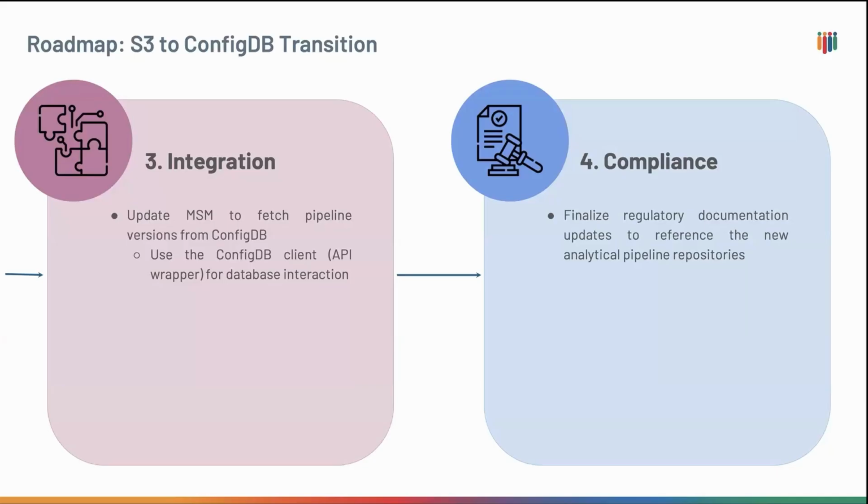To support this, we use config DB client, which acts as a thin wrapper around the config service API, making it easy for all the consumers to interact with the config database. Finally, in the compliance phase, we update and finalize all the regulatory documentation to reflect the new analytical pipeline repositories. So next slide, please.